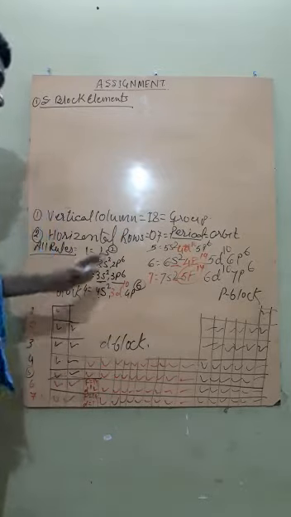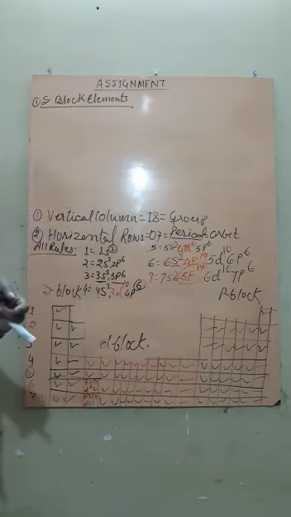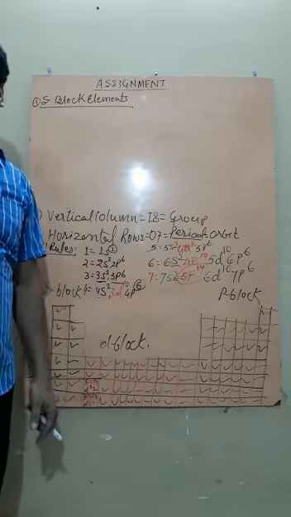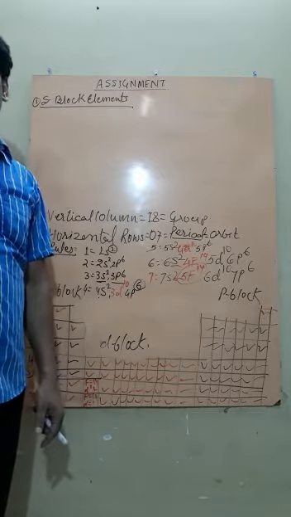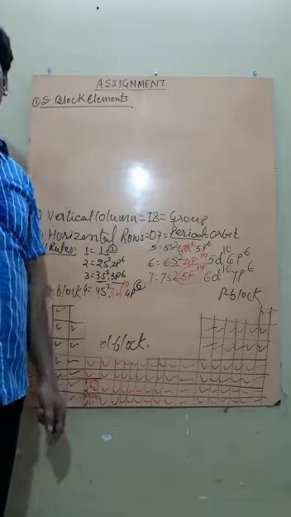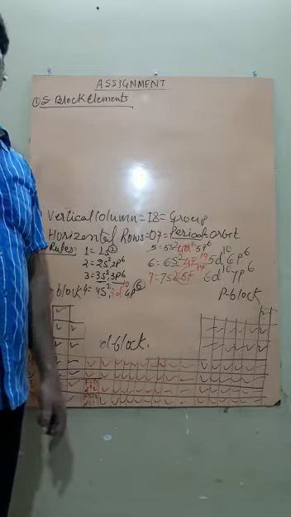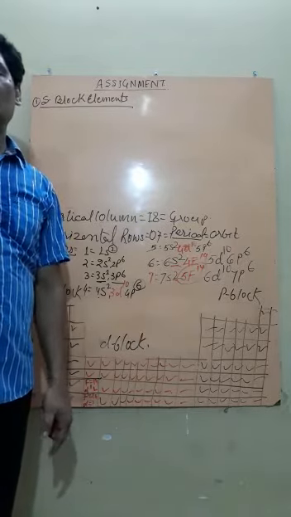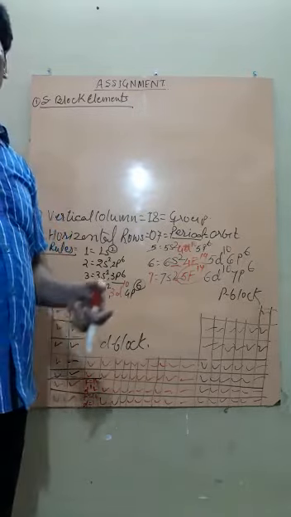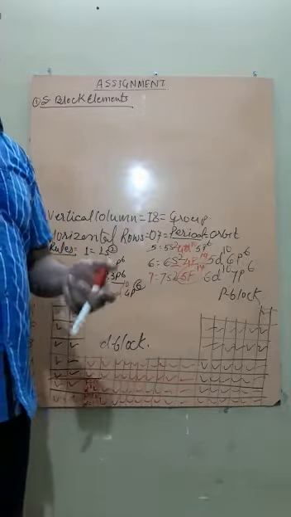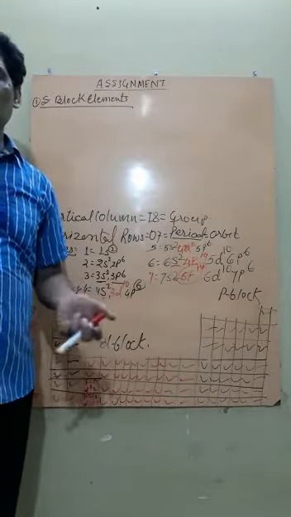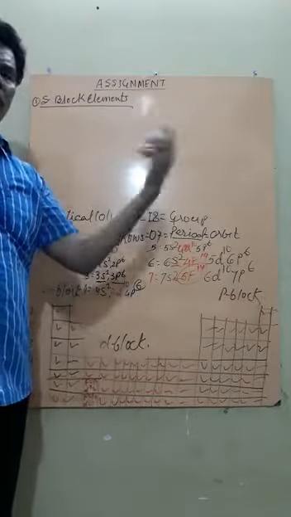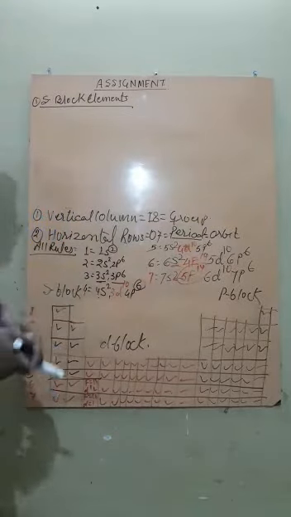All these elements are metals and soft in nature. Only lithium and magnesium are a little hard, but the rest are quite soft. They are good conductors of heat and electricity, but their melting point and density are very low. Their atomic size is quite big, which we will check in a further video.